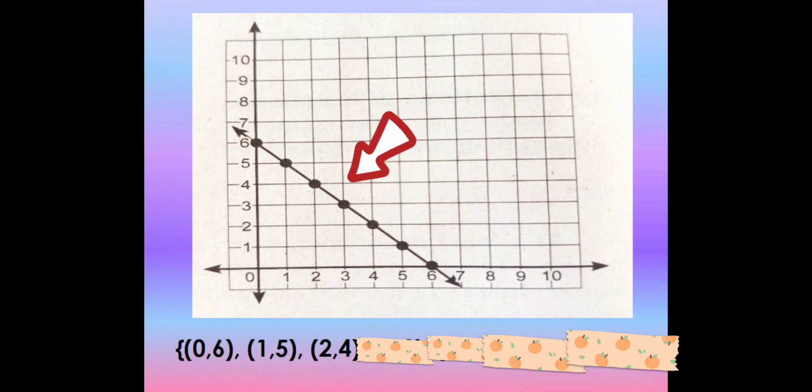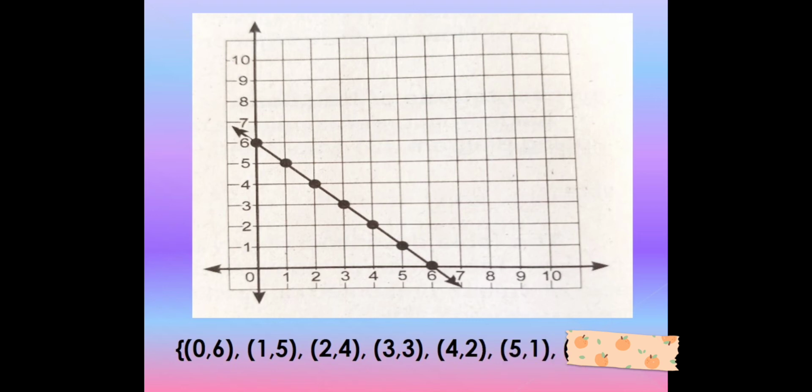How about this point? Correct. It is (3, 3). Next is (4, 2). Then we have (5, 1). And lastly, we have (6, 0). From our graph, now we have the representation of our relation, which is an ordered pair.